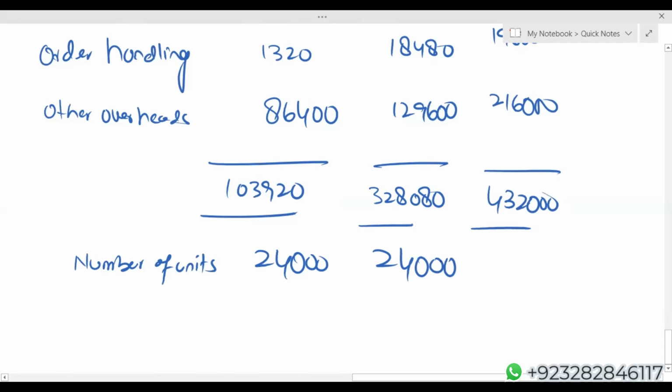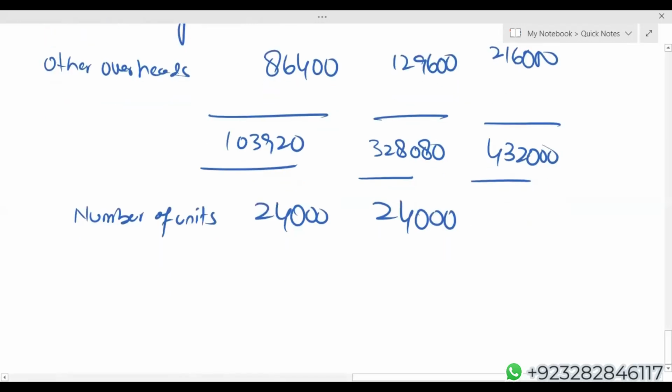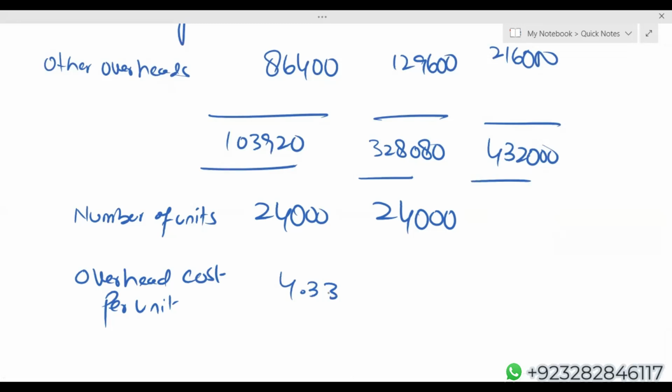Now, very easily we can calculate overhead cost per unit under ABC. Simply 1,03,920 divided by 24,000, I'm getting 4.33. 3,28,080 divided by 24,000, I'm getting 13.67.